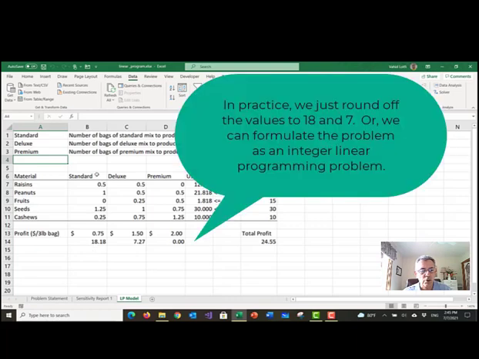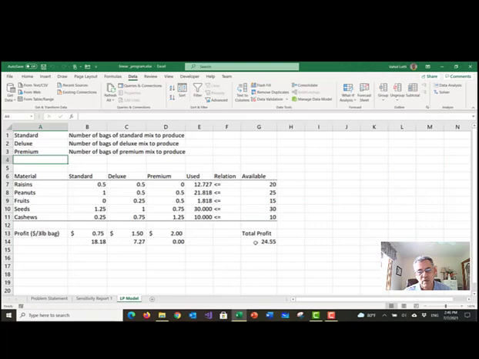The solution is to produce 18.18 bags of standard, 7.27 bags of deluxe, no premium, for a total profit of $24.55. We can now look at the sensitivity report, which is placed right here.